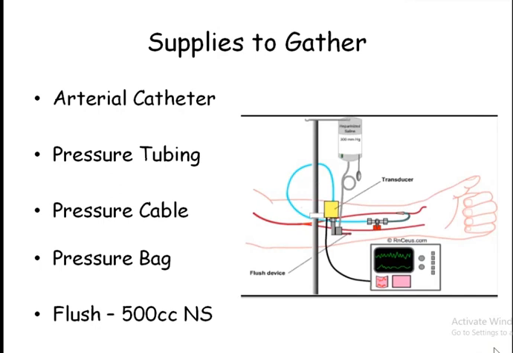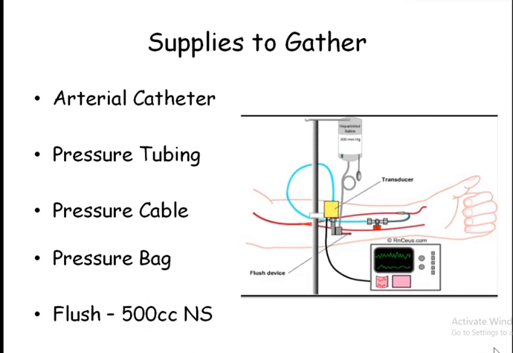We require an arterial catheter, as you can see in this diagram. This red one is an arterial catheter with a stopcock, and then you will need pressure tubing that will connect the arterial catheter to the transducer, then pressure cable, and there is a pressure bag lying on the IV rod, that 500 flush.